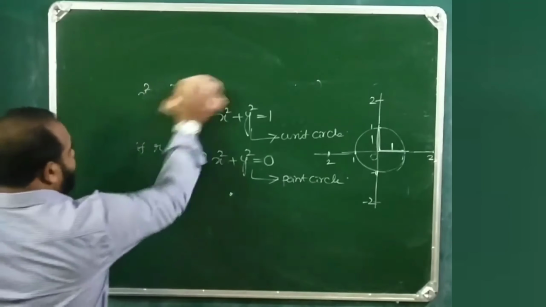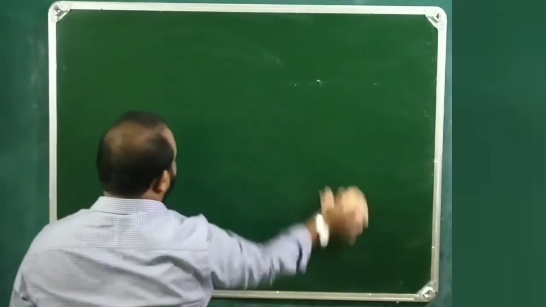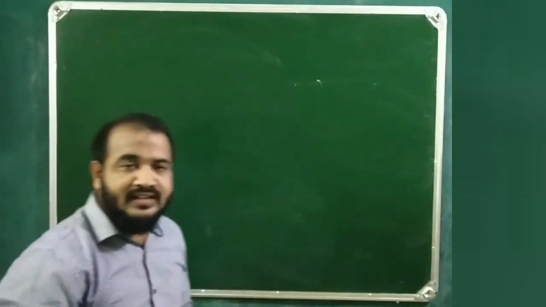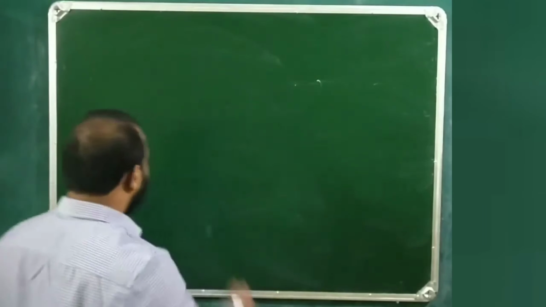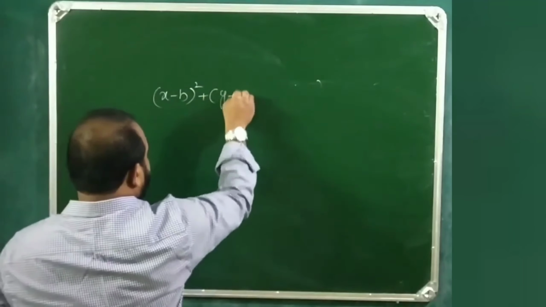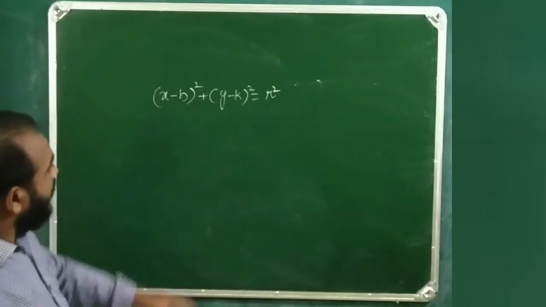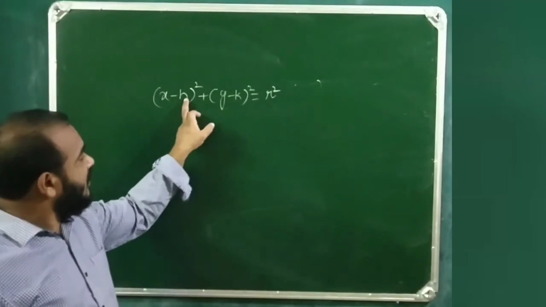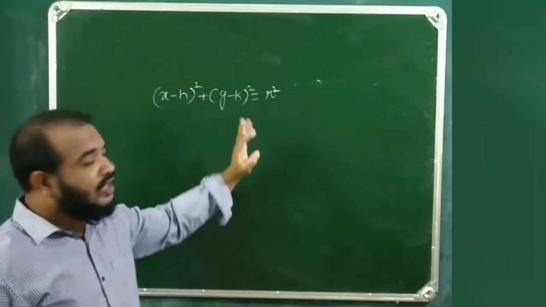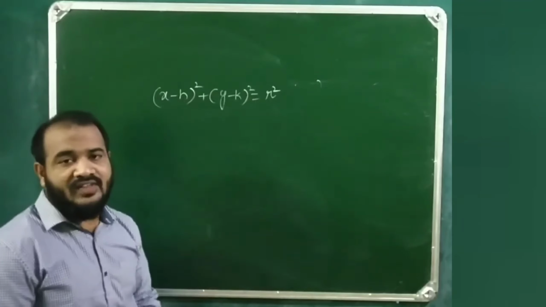And here, let us go back to the equation of the circle in its central form. (x minus h) whole square plus (y minus k) whole square is equal to r square. So this is the equation of the circle in its central form when you are given the center (h, k) and radius r.